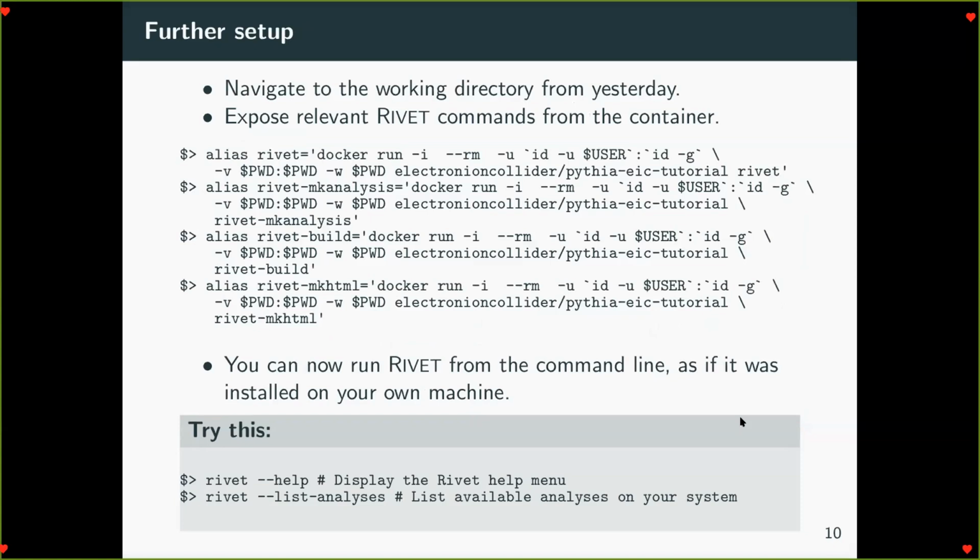Now, instead of going into the Docker container as we did yesterday or using Jupyter notebooks, we will just stay on the host system. But what we'll do is to expose the 4 relevant Rivet commands that will be used today such that you can use them as if it is installed on your own system.